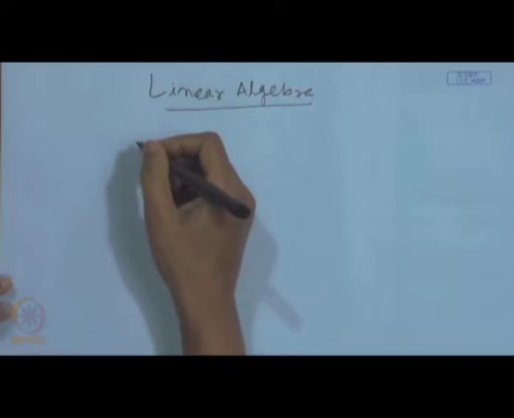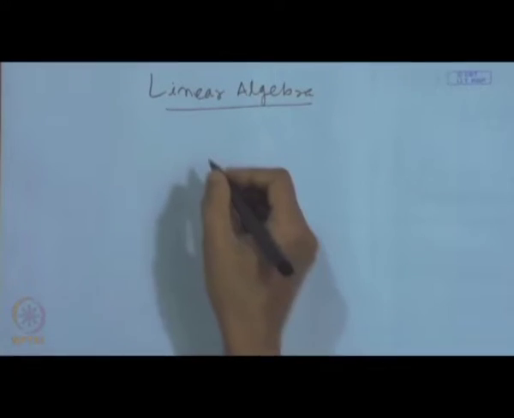The topic linear algebra is based on an important algebraic structure that is called vector space or linear space. Again, in a vector space, we deal with two types of elements, that is vectors and scalars. So, first let us know what are scalars.